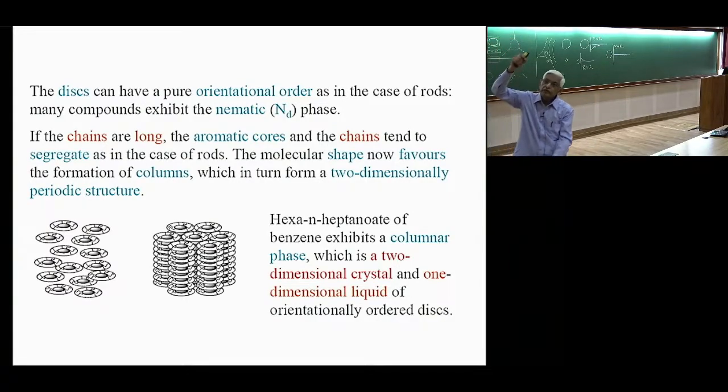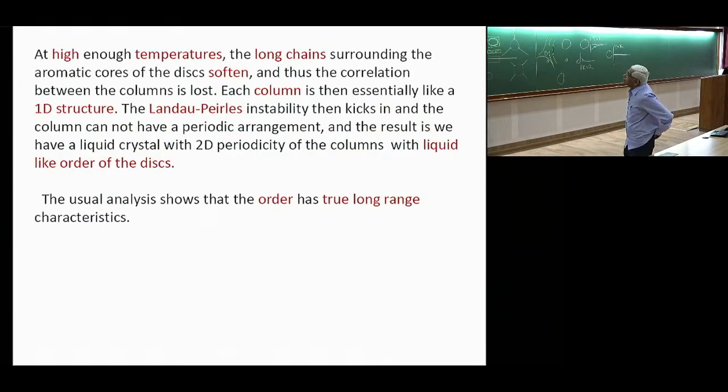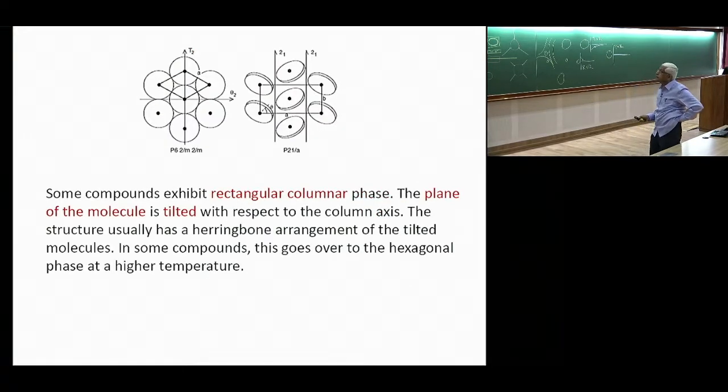It's a liquid column. I hope that's clear. So it's a liquid-like order along the column. The usual analysis shows that the order has no true long-range order. There is only quasi-long-range order. Again, you can sit down and work it out, straightforward.